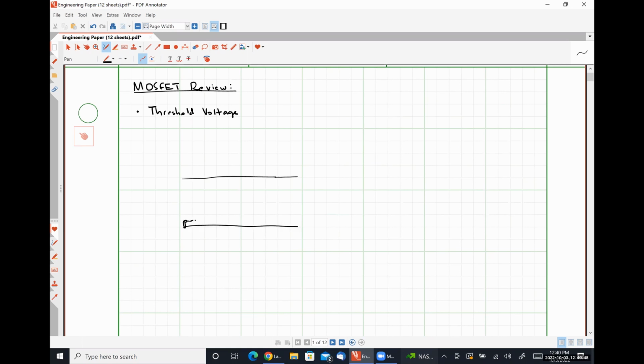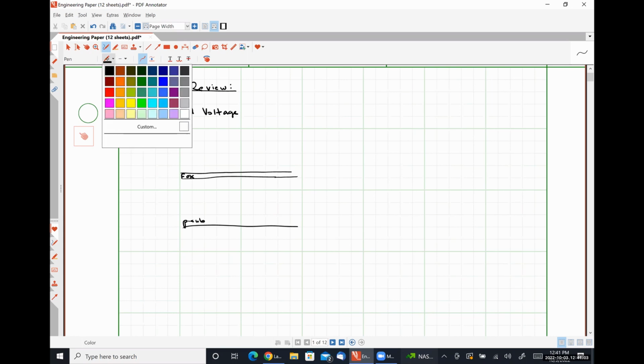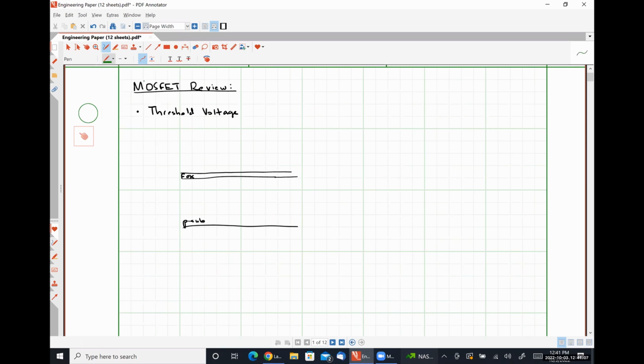where we have our P-type substrate. We have our thin field oxide layer like so. And then I'll just use green for all these because they're all going to be implants.